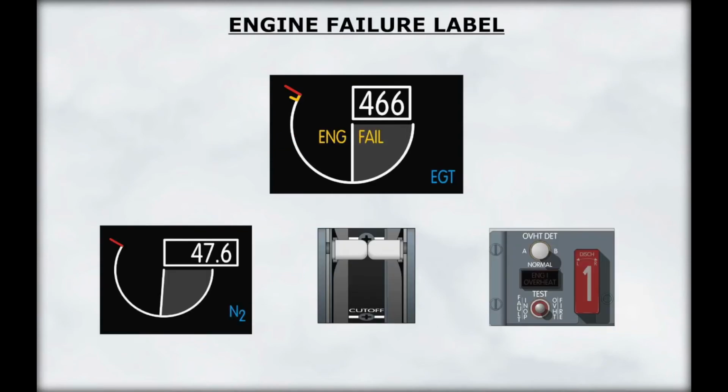An amber engine fail label is displayed in the EGT analog gauge when the engine is operating below 50% N2 and the start lever is in idle. The label will remain in view until the engine recovers, the associated start lever is placed to cut off, or the associated engine fire switch is pulled.